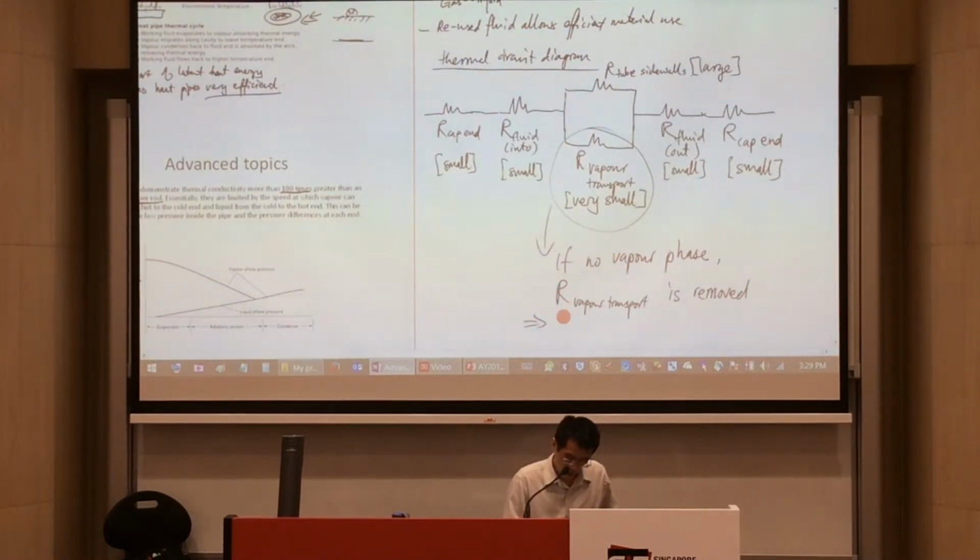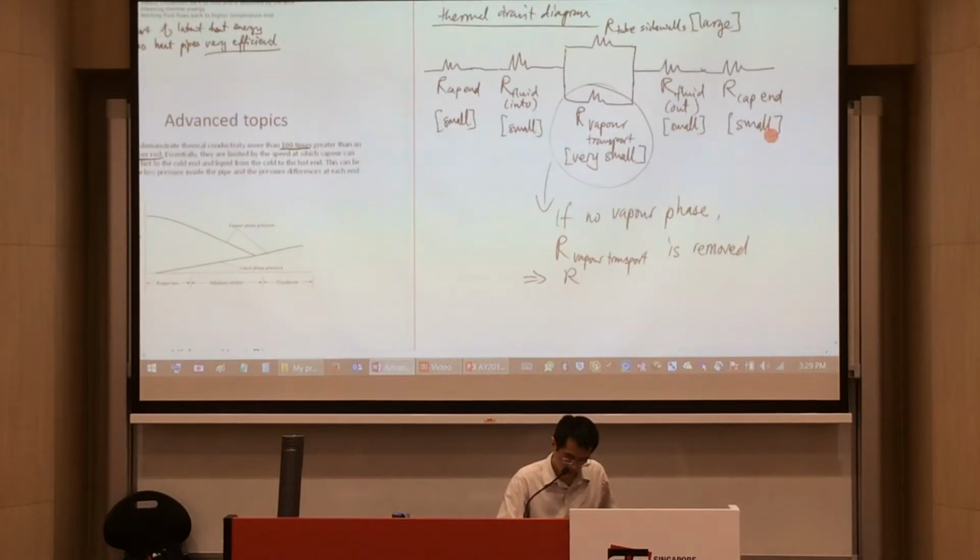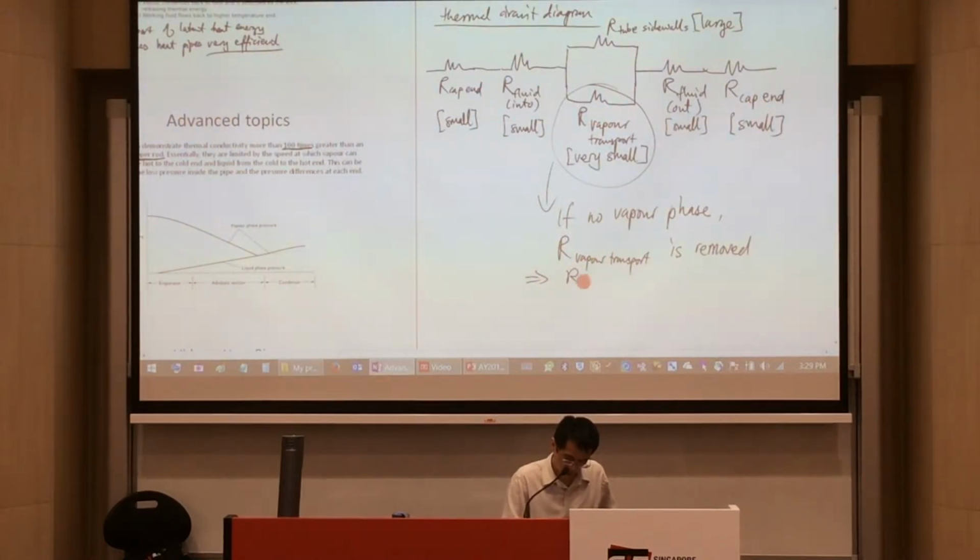What that means is that your R total, now without that part, would be higher. And do you think you could see why your total resistance will be higher if you remove this?